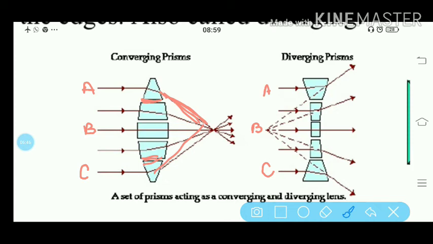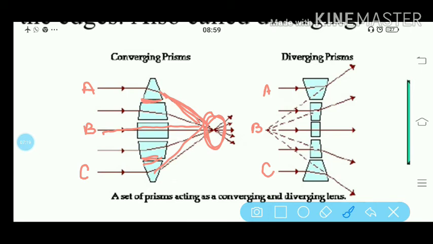The ray at the central part, the glass slab, passes undeviated. Thus, the set of prisms forming a convex lens converges the parallel rays to a point F. At this point, all the rays come and converge. Therefore, a convex lens has a converging action on the incident rays of light.